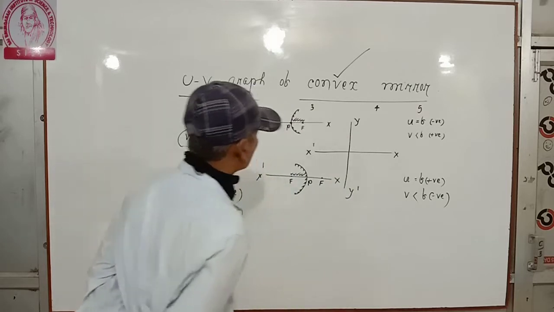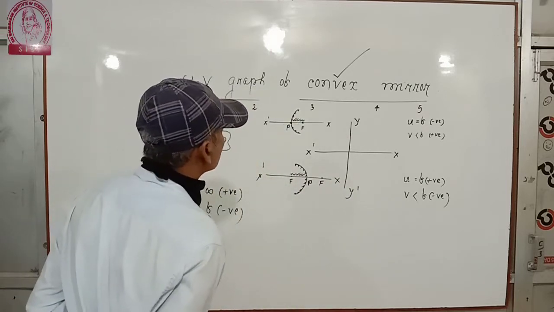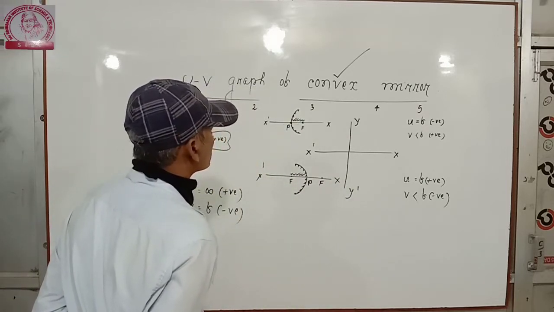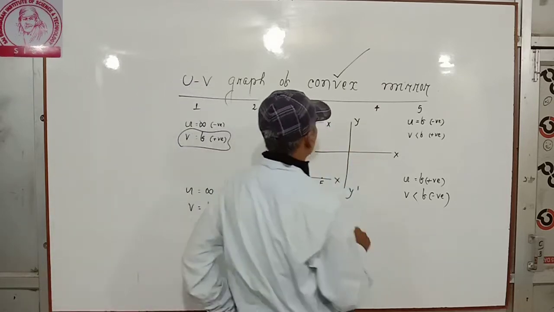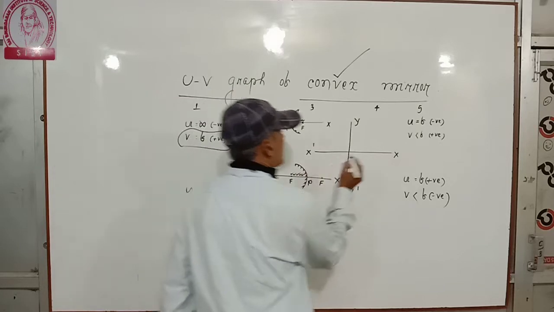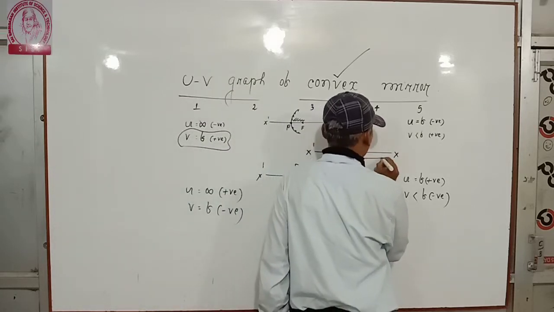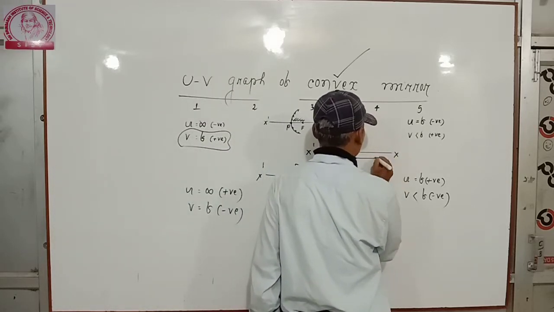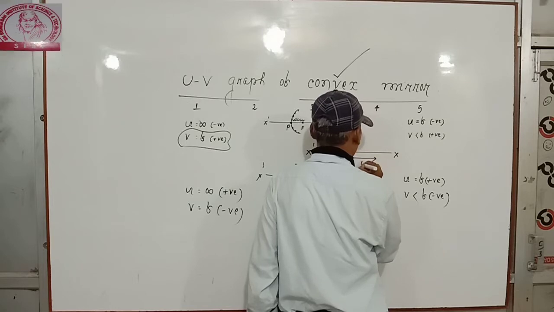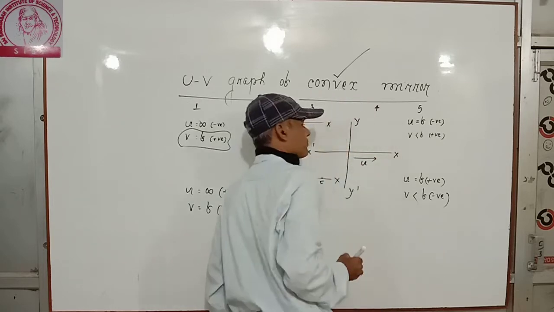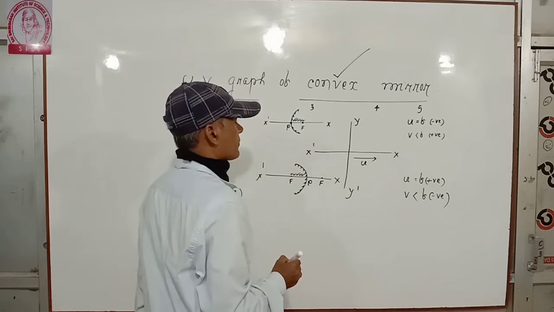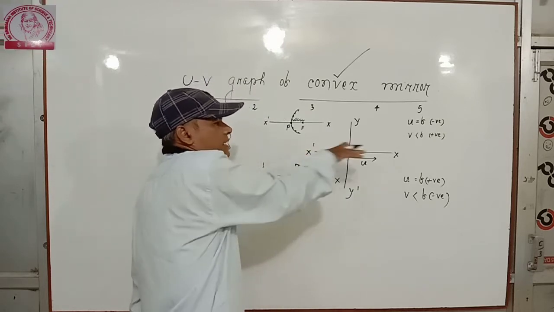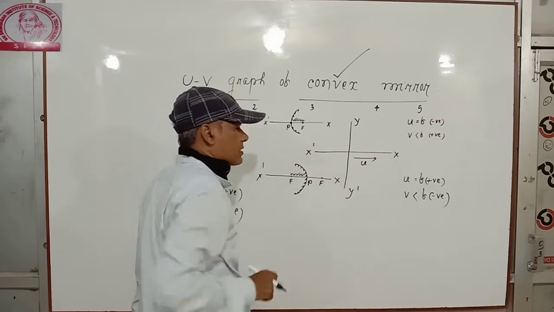Alright. Now let's say the x-axis represents the object distance.